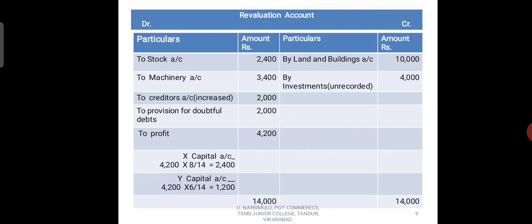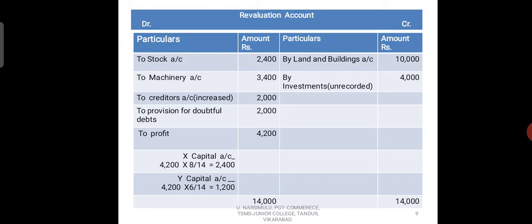Next we have to prepare ledger accounts. How many ledger accounts we need to open? That is the important point. So we need to open revaluation account, cash or bank account, goodwill account. If you want you can open general reserve, not necessary. I didn't open the general reserve account in this problem.